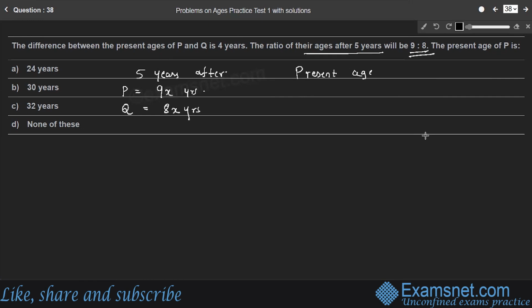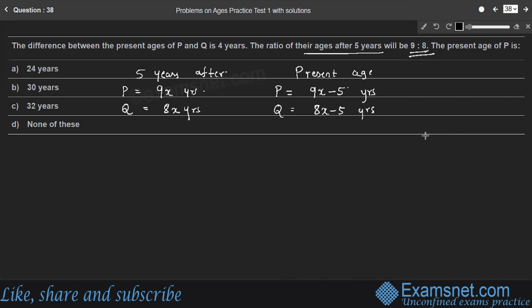So P is 9x minus 5 years now, whereas Q is 8x minus 5 years now, right?